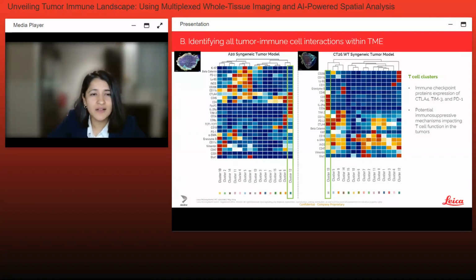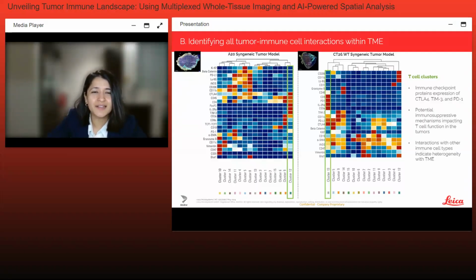And these T cells are further showing interactions with other immune cell types, such as helper and cytotoxic T cells in cluster 9, and B cells in cluster 6 within the lymphoma tissue that's shown on the left side, and the dendritic cells co-expressing immune checkpoint markers in cluster 14 and 9 within the colon tissue shown on the right side.